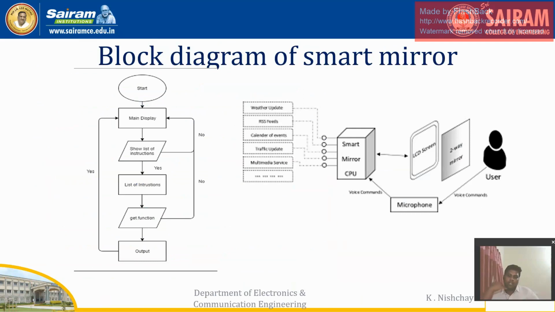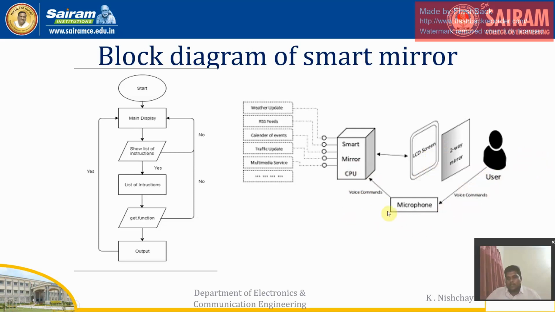So, the smart mirror CPU, as you see here: RSS feed, weather update, calendar event, traffic update, multimedia service, etc., all are given to the CPU, like a Raspberry Pi, where the Raspberry Pi is attached to the LCD screen. And whenever the user speaks, the microphone will capture the voice modulation and send it to the smart mirror.